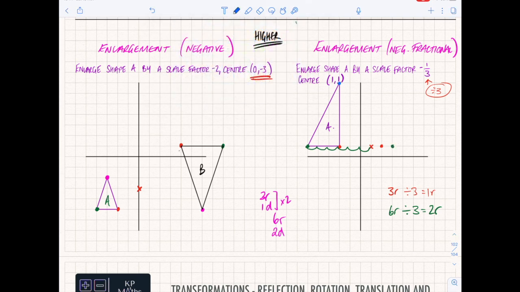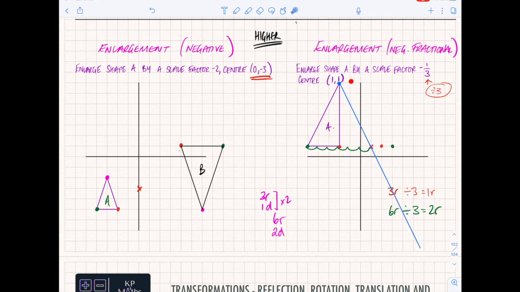You can probably figure out from here where it would go, because you could argue the fact that 1, 2, 3, 4, 5, that's 6 high. 6 divided by 3 would give you 2. So this height would actually be 2, but let's just get the point in the right place. I'm going to draw a line through that from that blue point, so I know where it roughly should be.